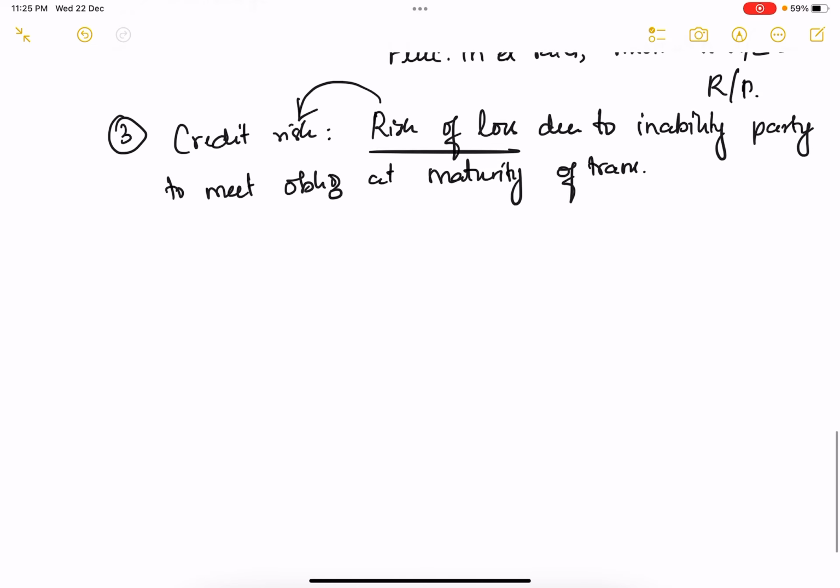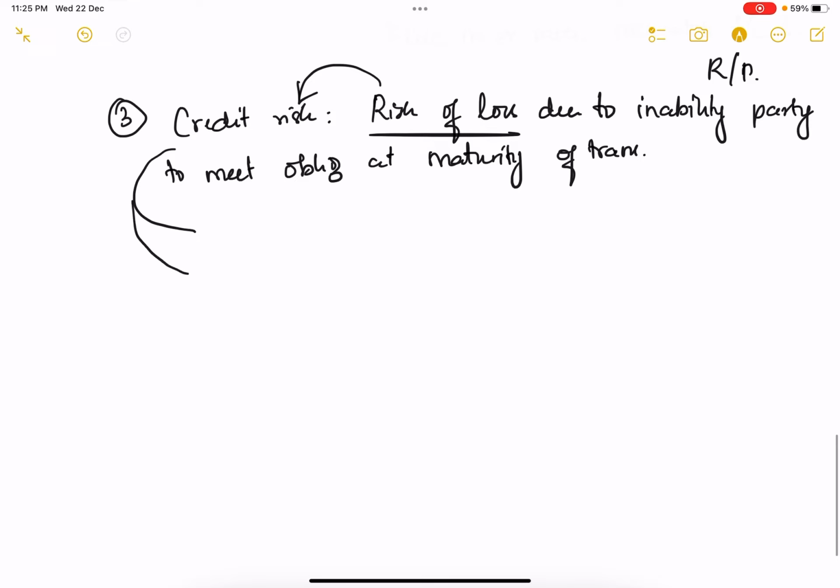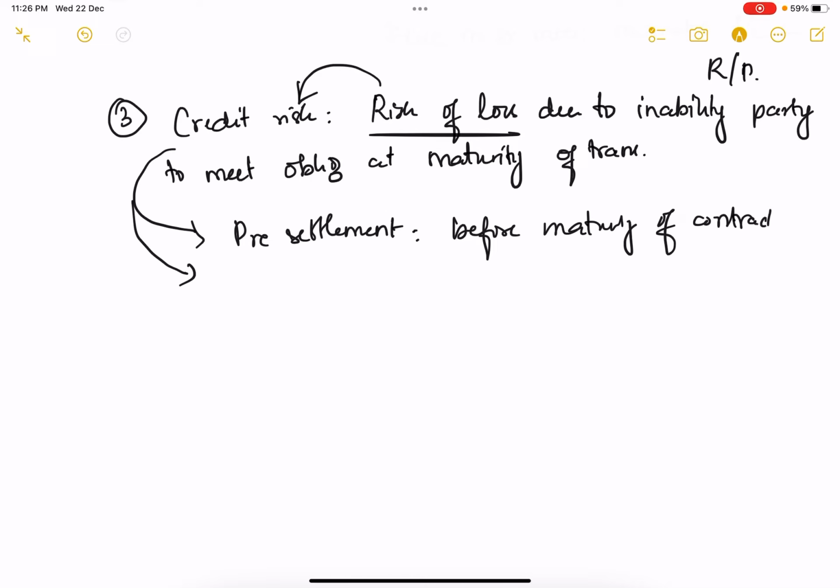So there are two subtypes of risk in credit risk. One is pre-settlement risk, which is the risk before maturity of contract, whereas settlement risk is the risk which happens during the course of settlement due to the time zone factors.